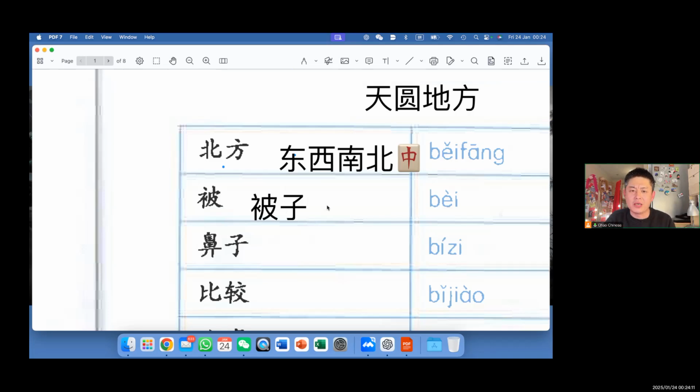A passive voice is a structure indicating some action has been conducted, usually in a form of be plus present perfect tense. And you probably ask me, what is a present perfect tense? Then I will have to tell you to go and learn some English grammar. It's the one that comes after have, like I have eaten, right?